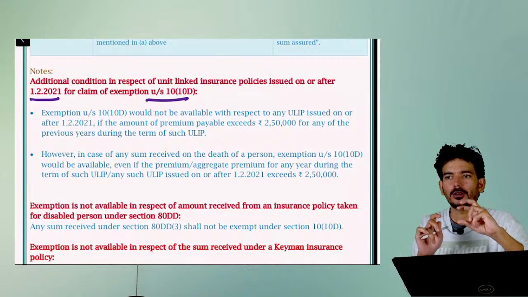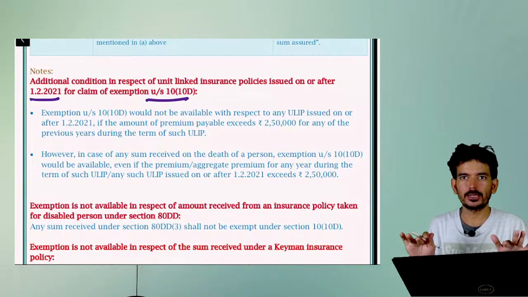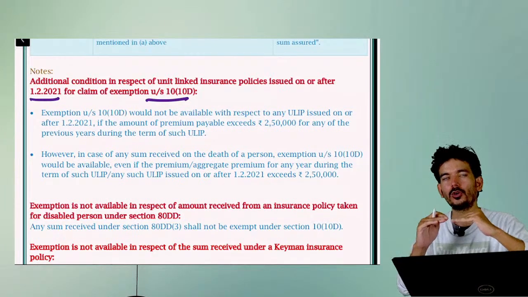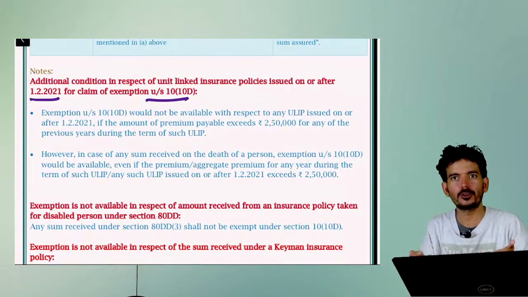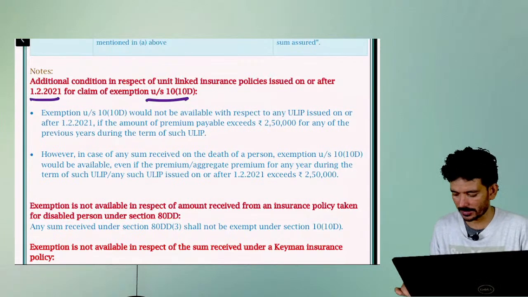Generally earlier this ULIP was completely tax free, which means that if it is not going beyond the 10%, it used to be eligible for deduction. But the point here is that last year there was an amendment.